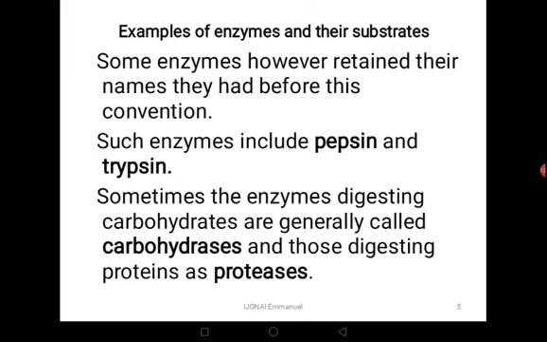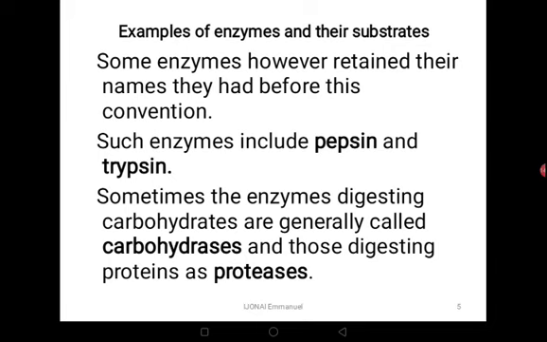And then sometimes the enzymes digesting carbohydrates are generally called carbohydrases, and those that digest proteins are called proteases. This is a general name. For example, sucrase, maltase, cellulase, galactase are enzymes that digest carbohydrates, because maltose, galactose, and so on are carbohydrates that we have mentioned.